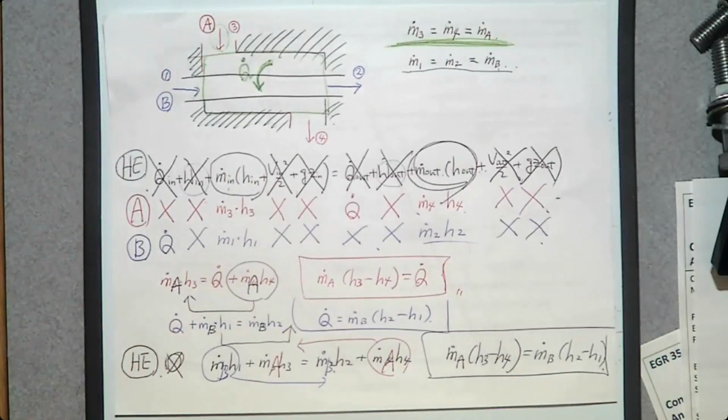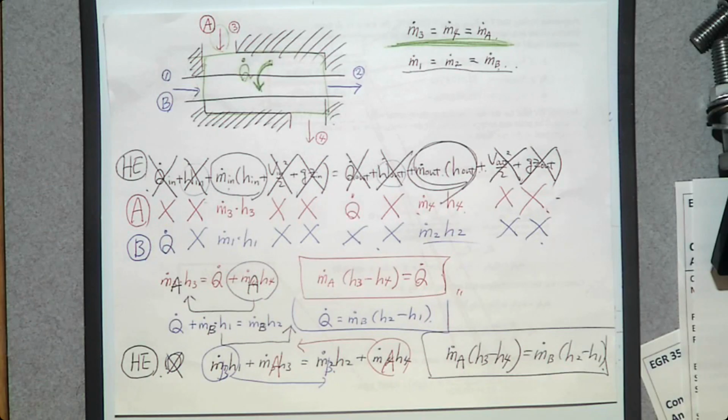Okay, last Tuesday we studied how to analyze a heat exchanger when two different fluids are exchanging heat. In this case, we have fluid A and fluid B. By analyzing their energy balance, we can find three energy balance equations: one for fluid A, another for fluid B, and the last one is when we consider the entire heat exchanger as our system.